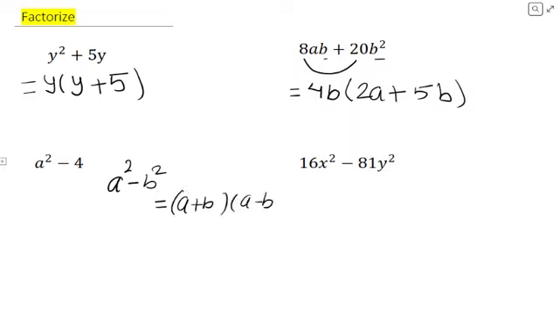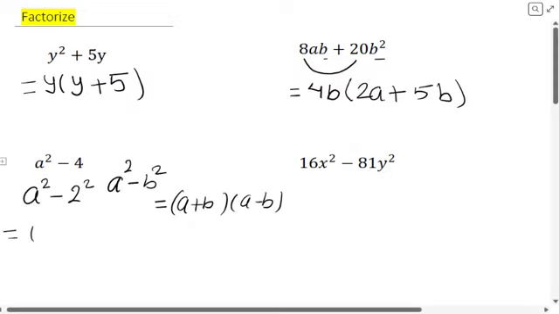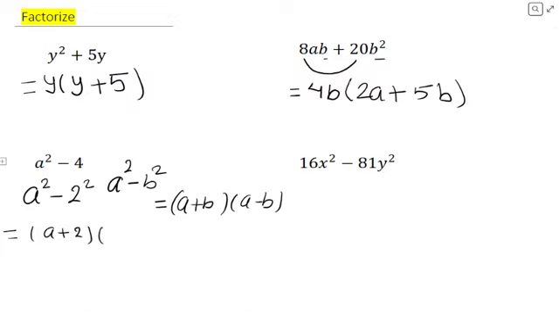So we change this into the form of a square minus b square. a square stays as it is, and 4 is the square of 2. So now this is a plus b, where b here is 2, and then a minus b.